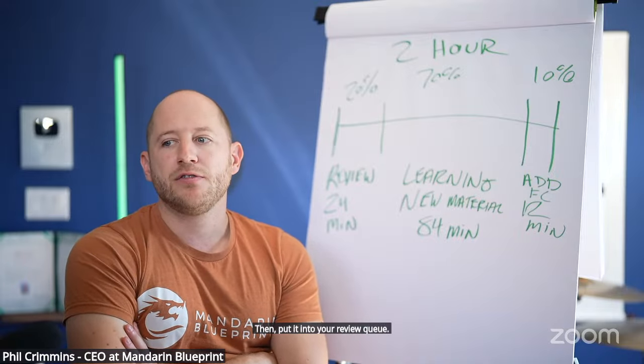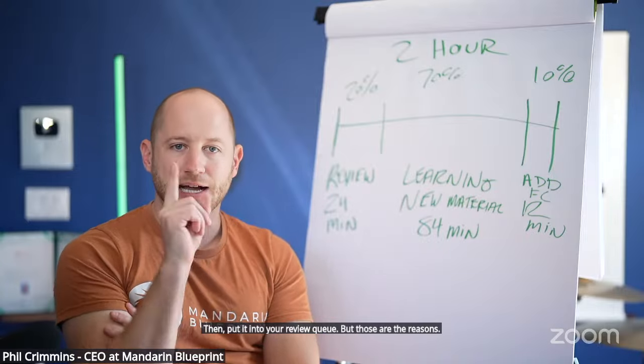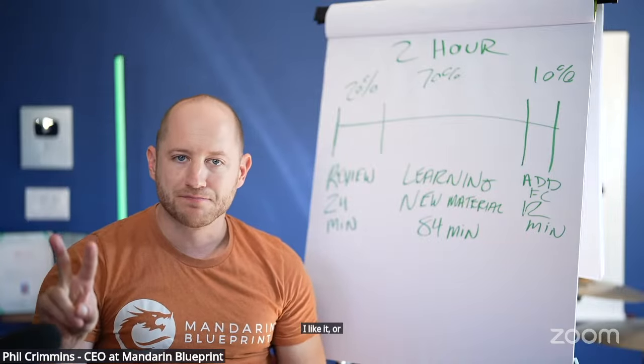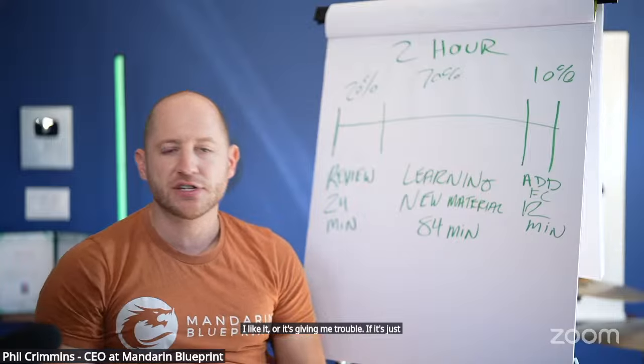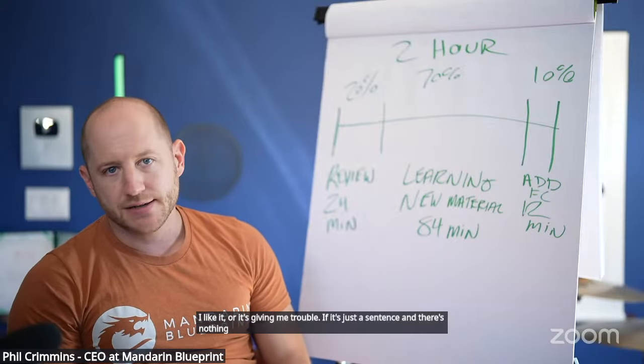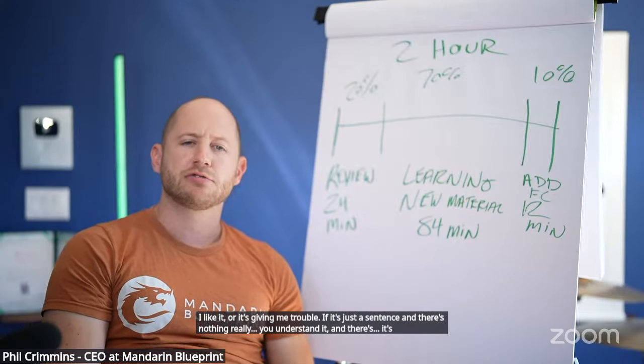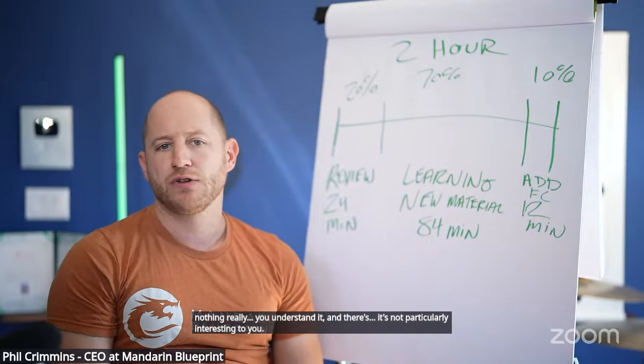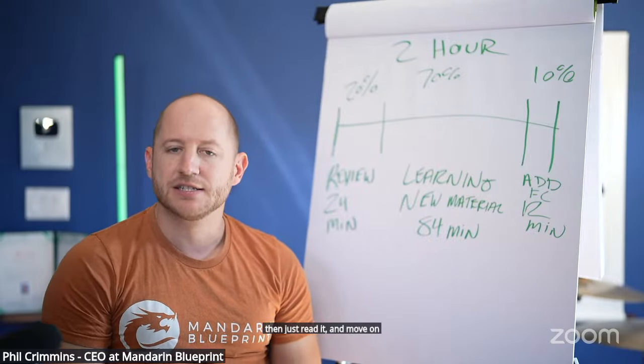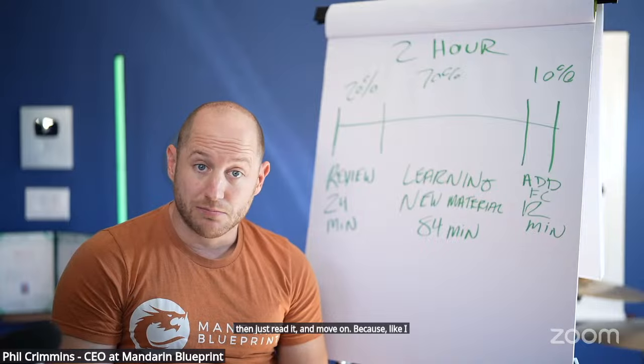Those are the reasons: I like it, or it's giving me trouble. If it's just a sentence and you understand it and it's not particularly interesting to you, then just read it and move on, because, like I say, no one sentence matters all that much.